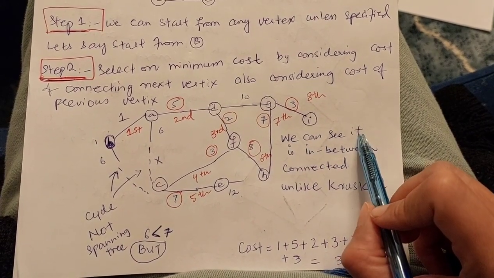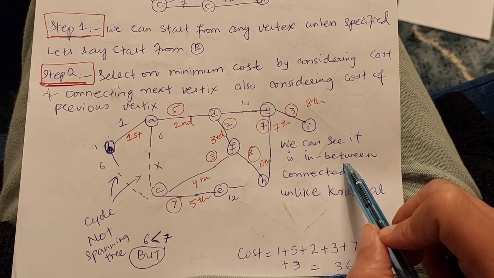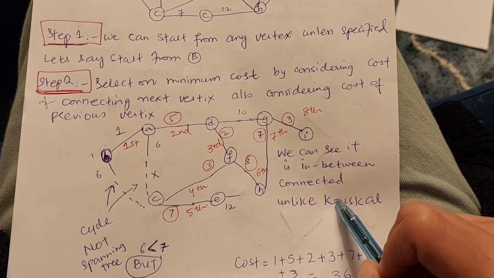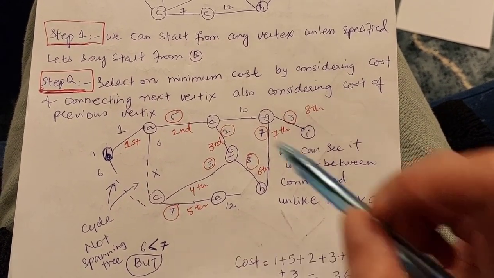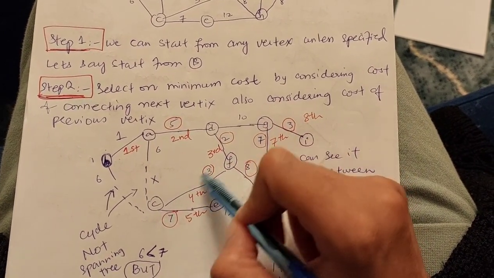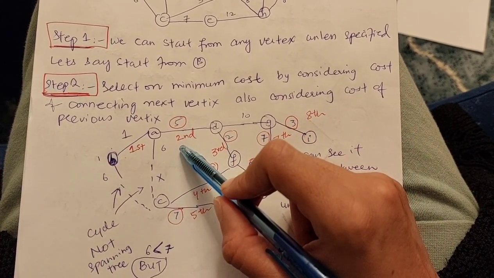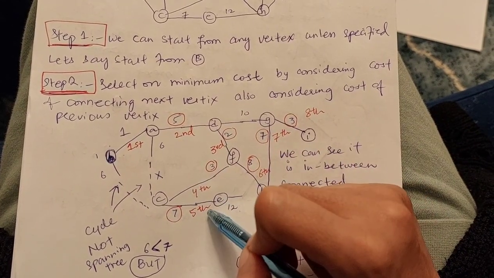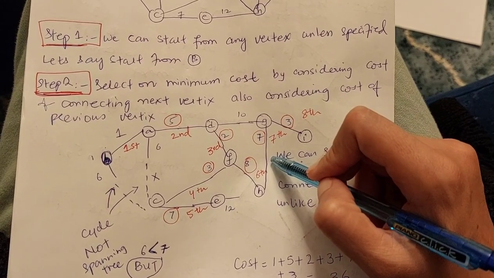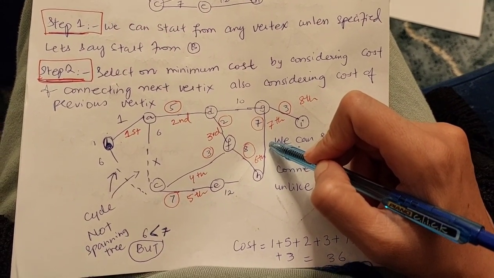Meanwhile, we can see that everything is connected in between, unlike Kruskal. In Kruskal's algorithm, sometimes maybe these three lines are connected, 1, 2, 3, and instead of making this connection, we could also go here and make this connection, because in Kruskal we are following a different strategy.